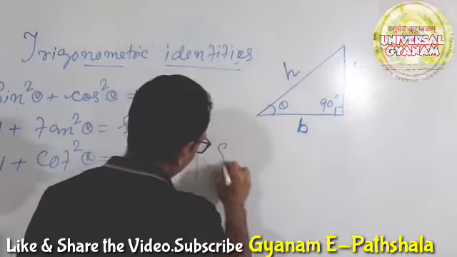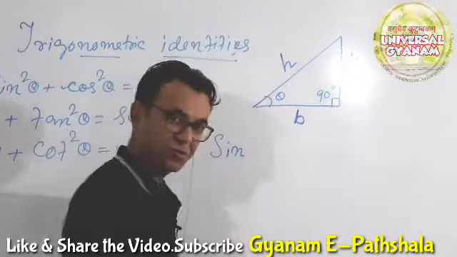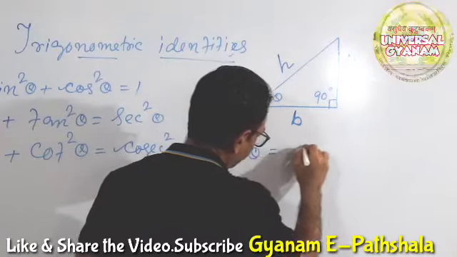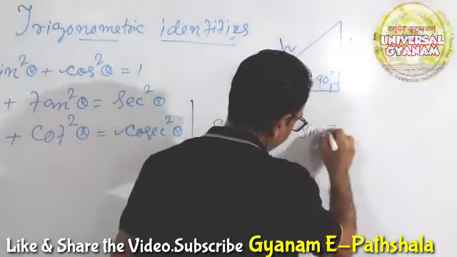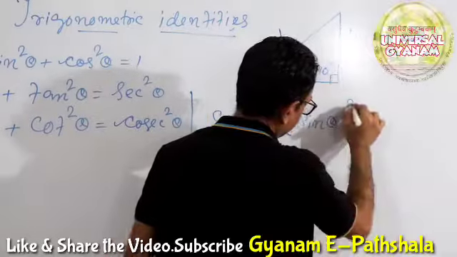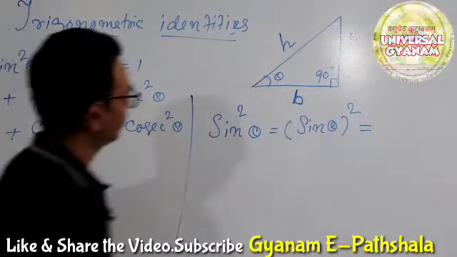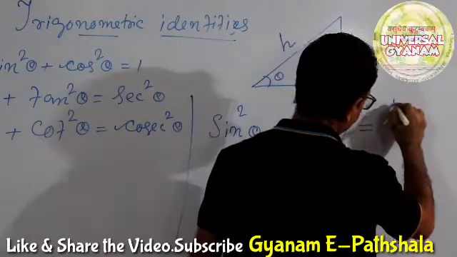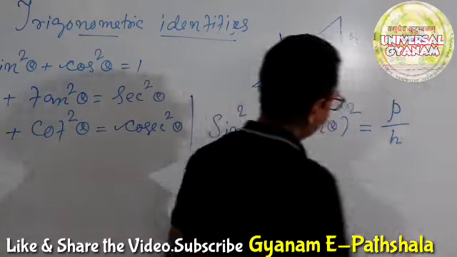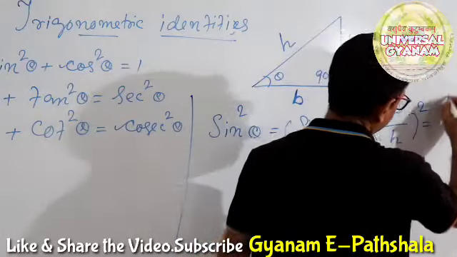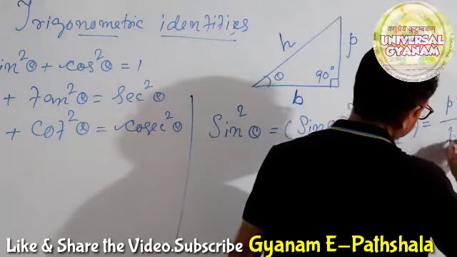Let's see what becomes of sine square theta. Sine square theta is sine theta whole square, and sine theta is nothing but perpendicular by hypotenuse, small p by small h, whole square. So I get p square by h square.